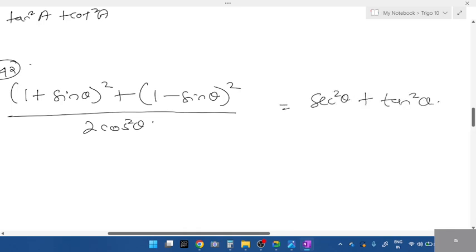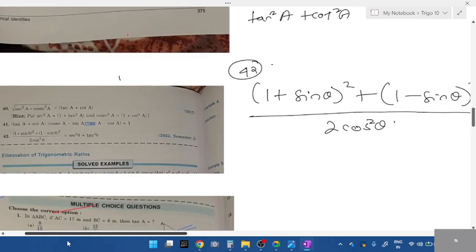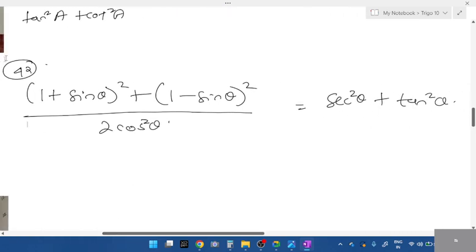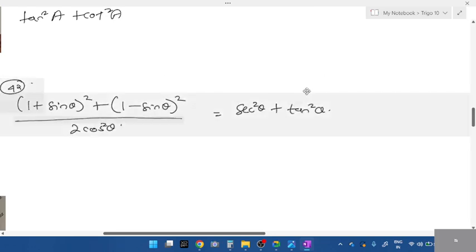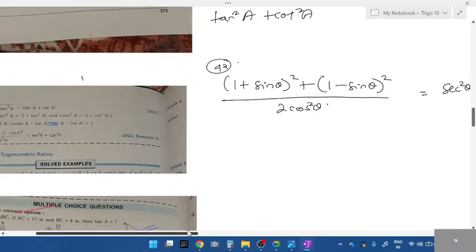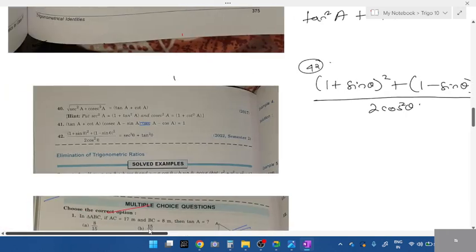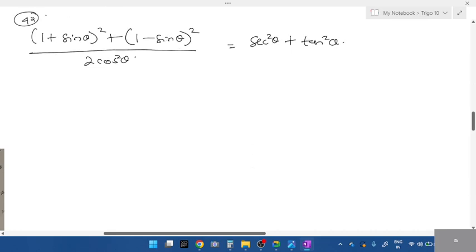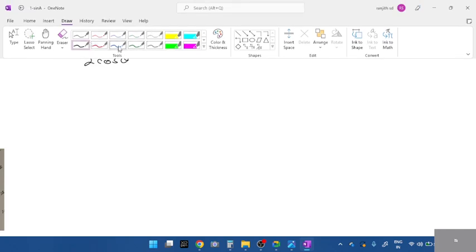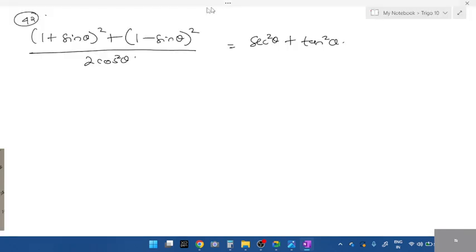Did we complete it? Can you just check your notes, whoever has written? No, right? Okay, try this, students. What formula can we apply in the numerator? How does it look like? Respond, all of you.